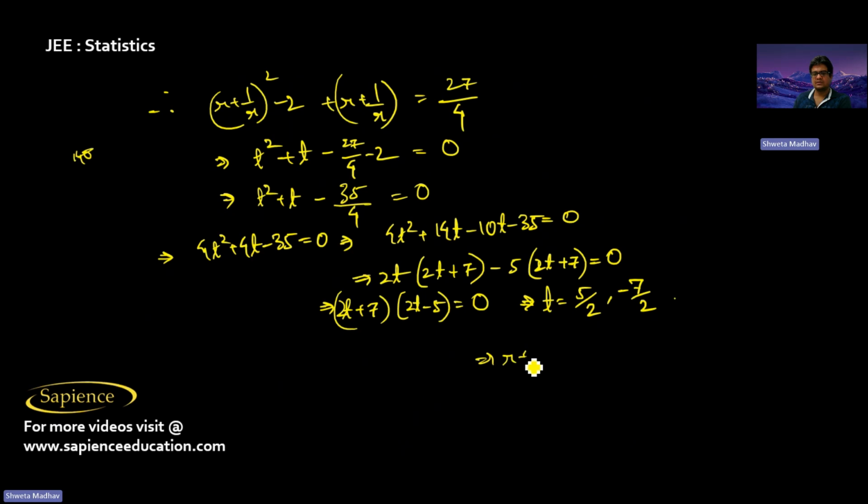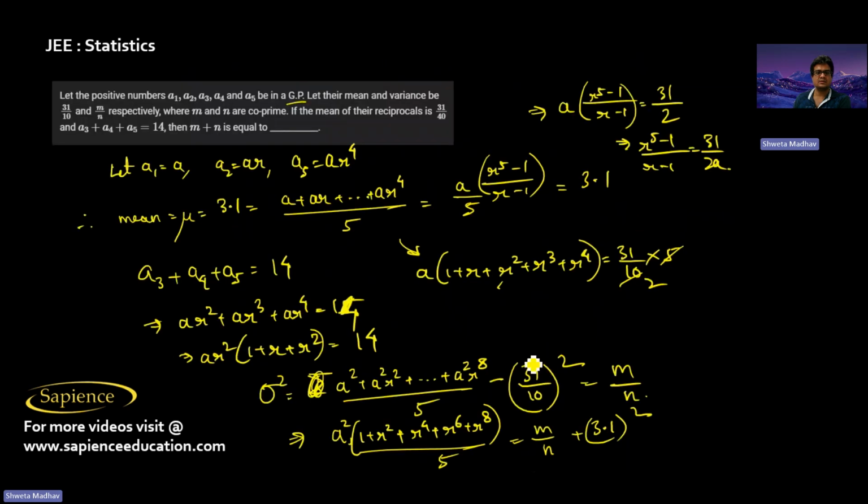That is, r plus 1 by r can be equal to 5 by 2 or it can be minus 7 by 2. But r is not negative, it is told.